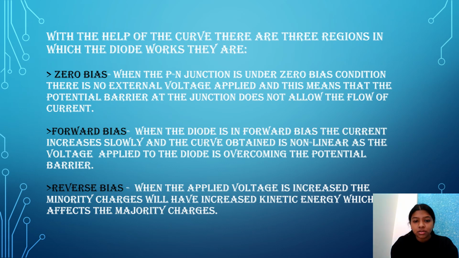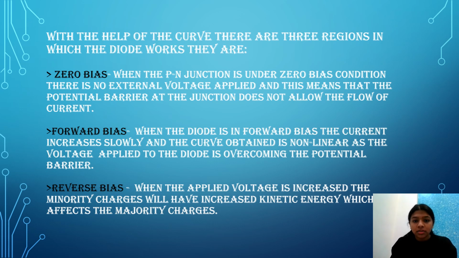When the PN junction diode is under forward bias condition, the p-type is connected to the positive terminal while the n-type is connected to the negative terminal of the external voltage. When the diode is arranged in this manner, there is a reduction in the potential barrier. For a silicon diode, when the voltage is 0.7 volts, and for a germanium diode, when the voltage is 0.3 volts, the potential barrier decreases and there is a flow of current.